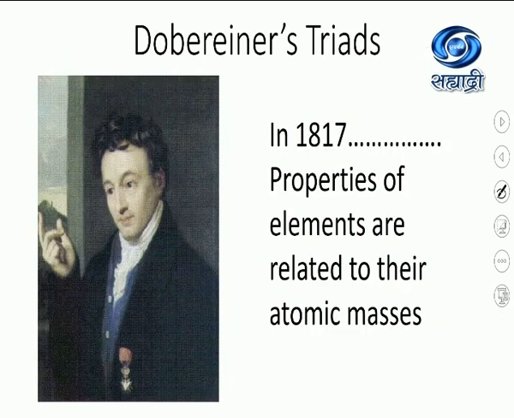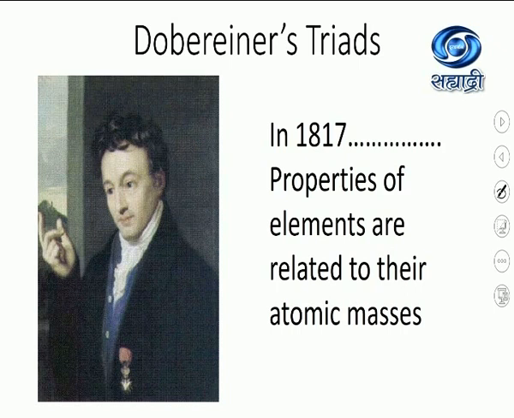Now, after revising all these things, let us move towards the classification of elements. Initially, the classification of elements was based on just metals, non-metals, metalloids, etc. As the knowledge about the elements and their properties went on increasing, many scientists tried to classify them. So this is Doberiener's attempt.